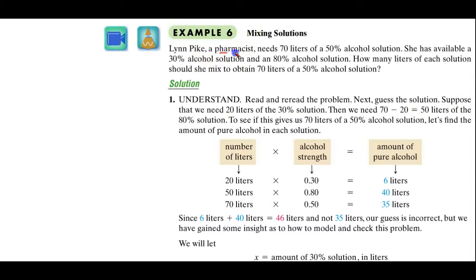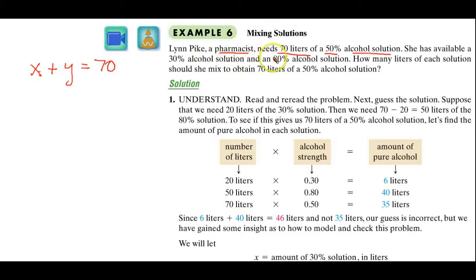We have a pharmacist, 70 liters of 50% alcohol. Well, one solution is going to be X. The other solution will be Y, the concentrations, or the amount of them. And all together, we're going to make 70 liters.